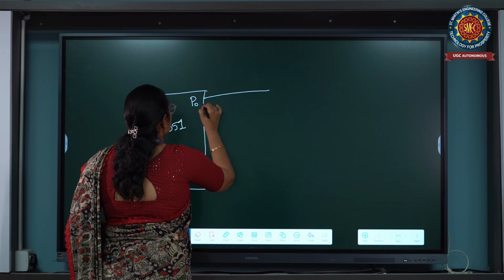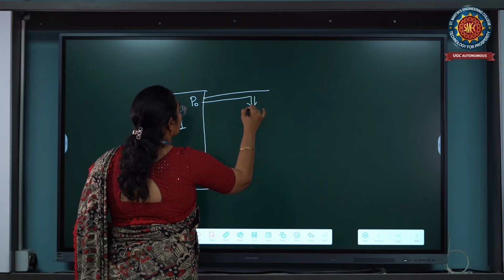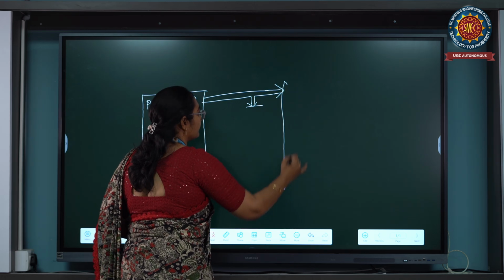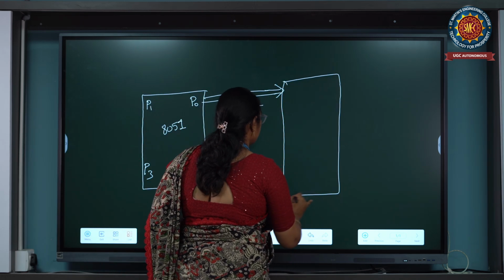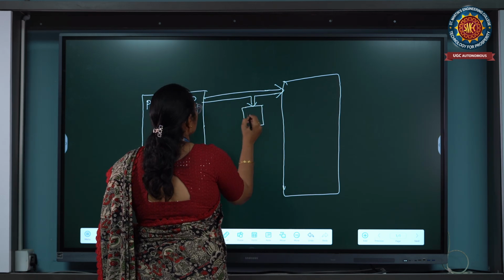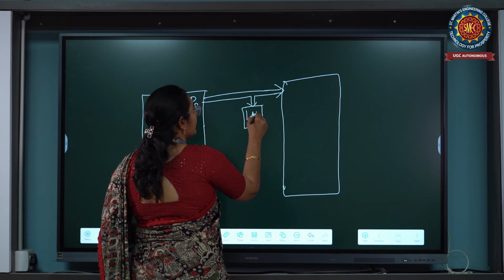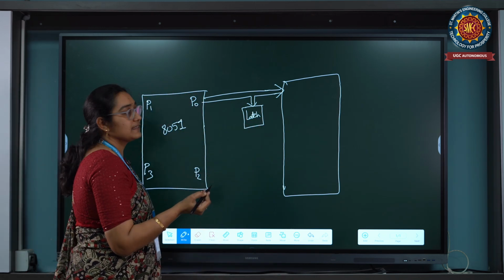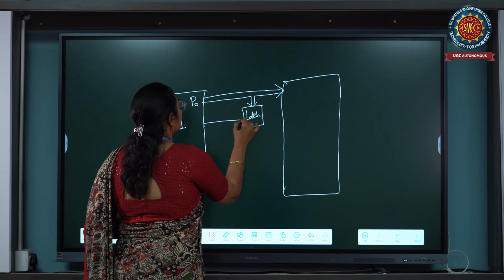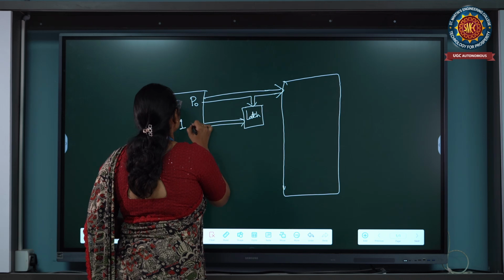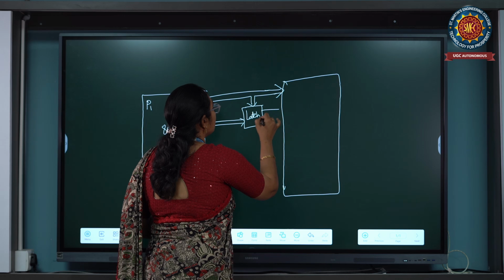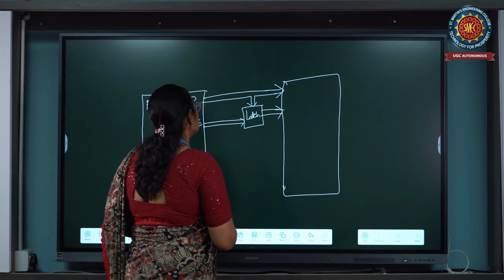Port 0 is connected to the address and data lines through the latch. Here we are using a latch for demultiplexing the address and data lines. The latch is used with the ALE pin, and we demultiplex the address and data lines.